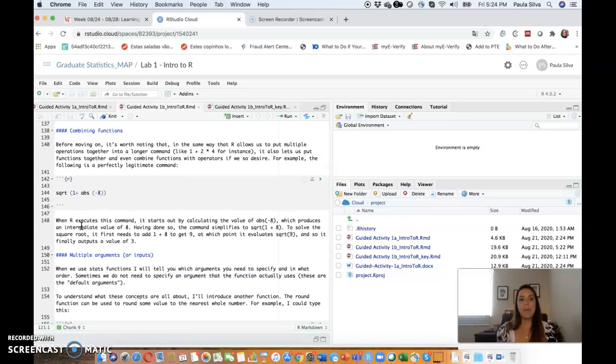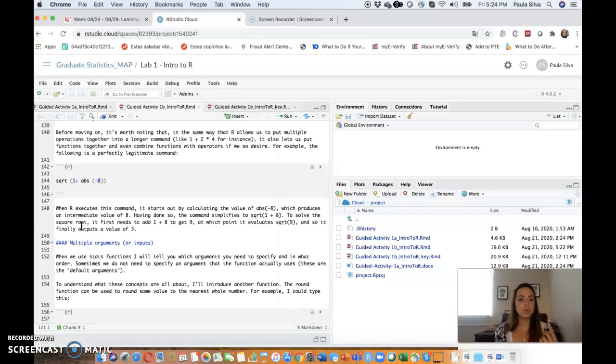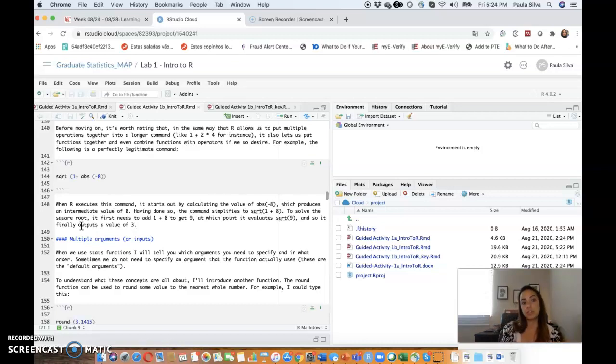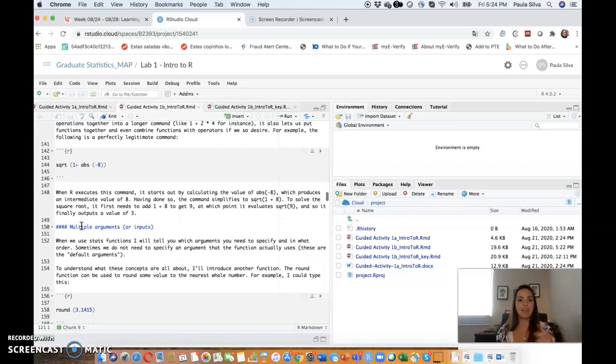Combining functions. Before moving on, it's worth noting that in the same way that R allows us to put multiple operations together into a longer command, like 1 + 2 × 4, it also lets us put functions together and even combine functions with operators if we so desire. For example, the following is a perfectly legitimate command: square root of, open parenthesis, 1 plus absolute value of negative 8.